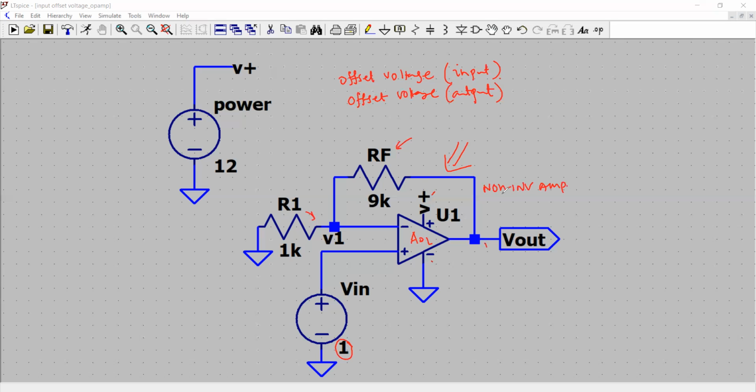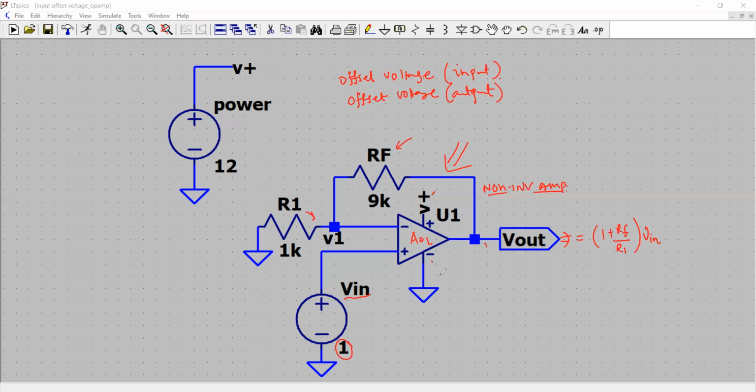In our previous video, we have seen this explanation, so you might want to refer to that video if you want to understand the working principle of it. And the output voltage, which is right here, is given as 1 plus RF over R1 multiplied by V in.